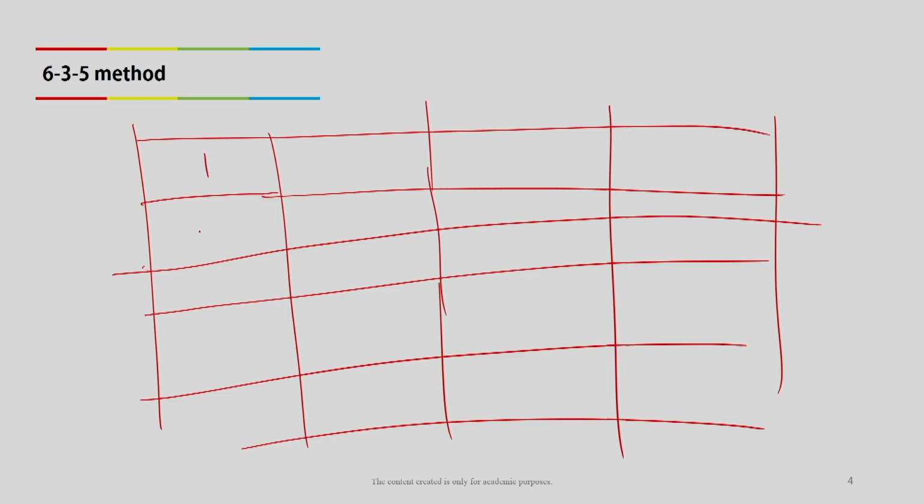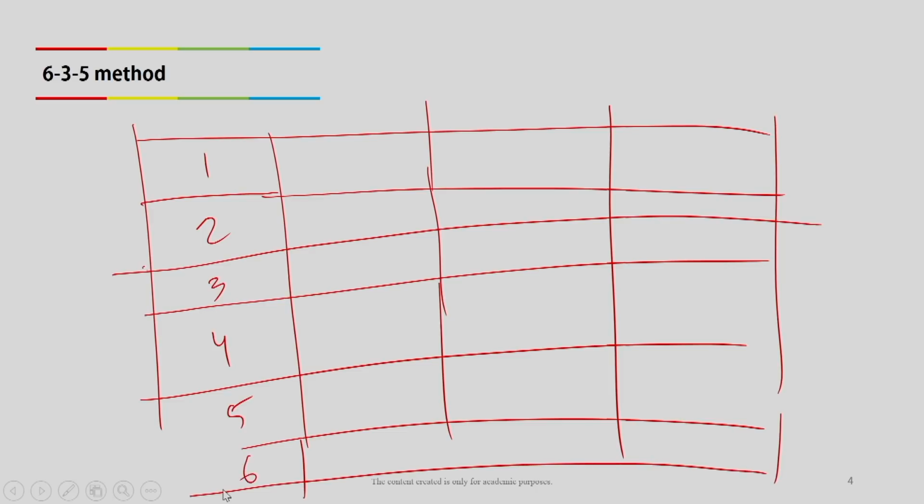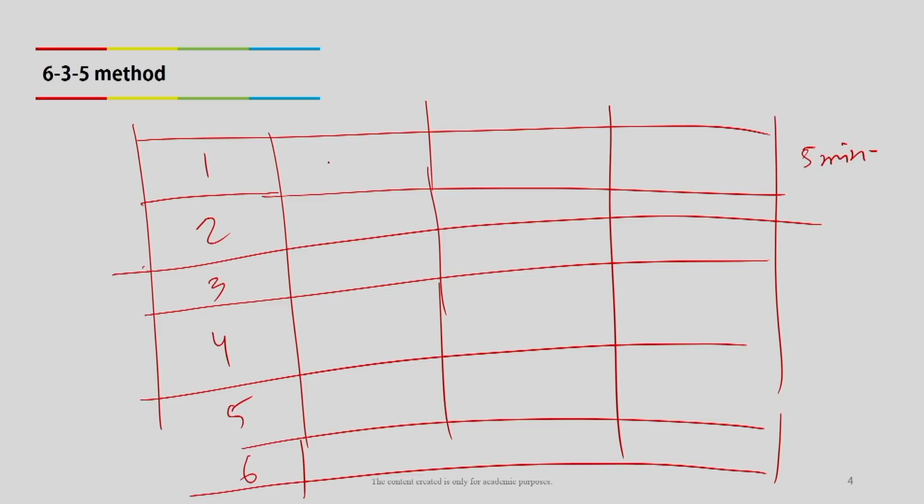So, 1, 2, 3, 4, 5 and the 6th person will be there, and they will generate 3 ideas in 5 minutes: idea 1, idea 2 and idea 3. Within 5 minutes he has to create 3 ideas.